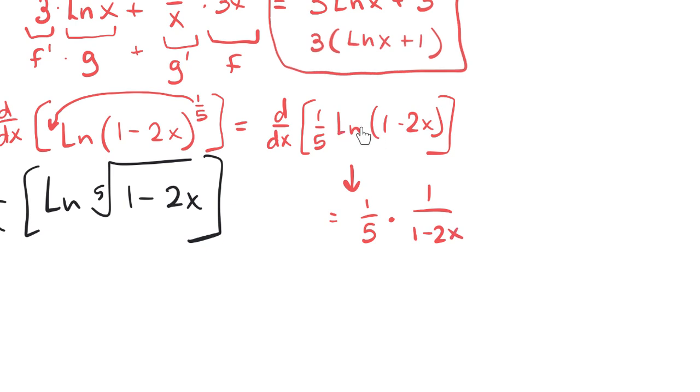That's the derivative of the outside part, natural log. Now we need to do the chain rule part and multiply this by the derivative of the inside part, 1 minus 2x. And the derivative of 1 minus 2x is negative 2. So when we multiply it all together, we're going to have a negative 2 in the numerator, 5 times 1 minus 2x in the denominator.